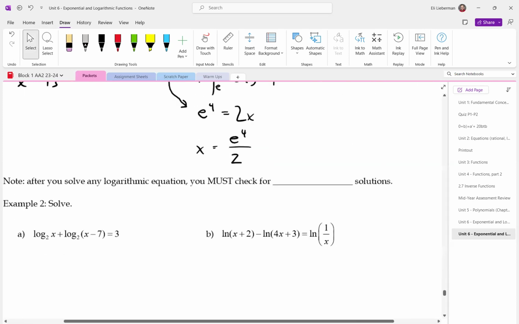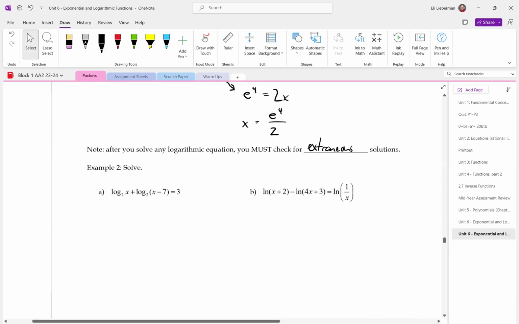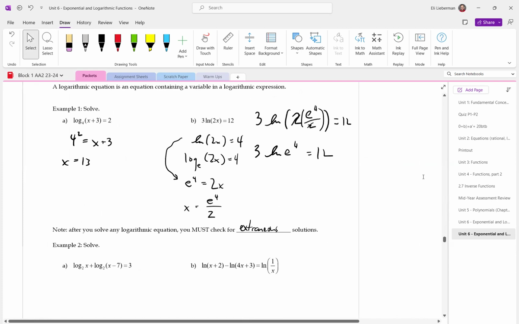Okay, so despite what I just said, after you solve any logarithmic equation, you must check for what kind of solutions? Extraneous solutions. Be careful what you hope for.